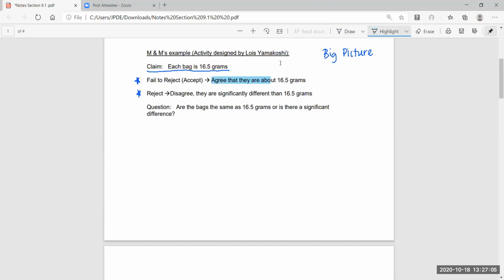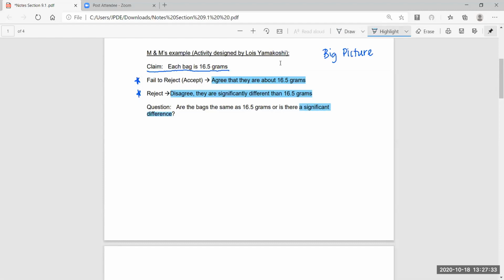So let's just do this. Agree that they're 16.5 grams. Or do we disagree? They're different than 16.5 grams. And by different, I'm not talking about a little bit different. I'm talking about, are they significant? Are they significantly different?